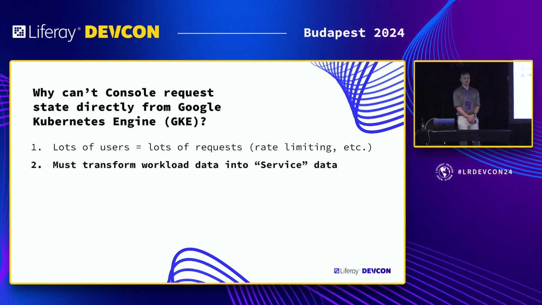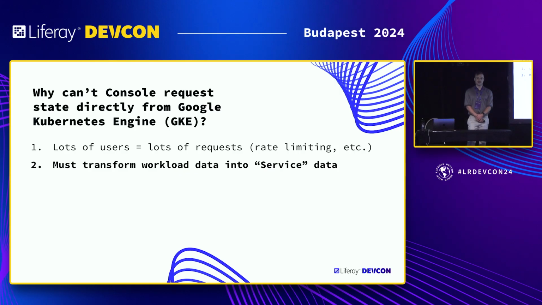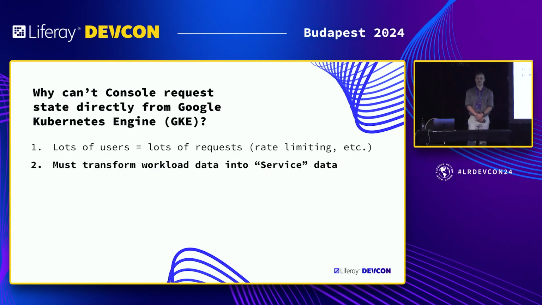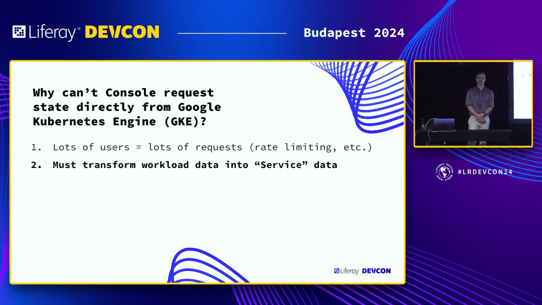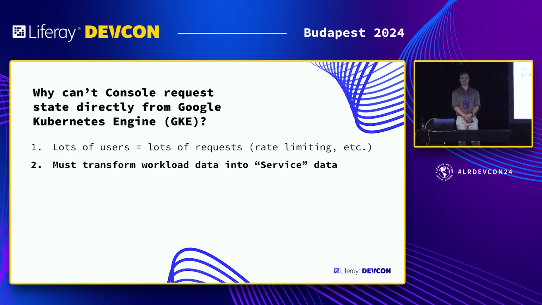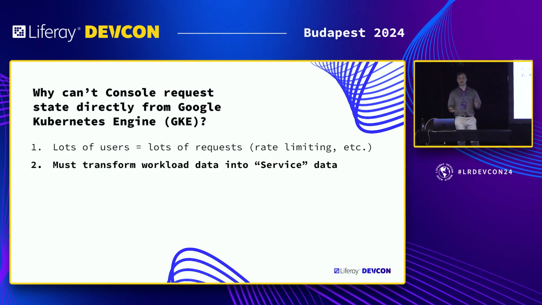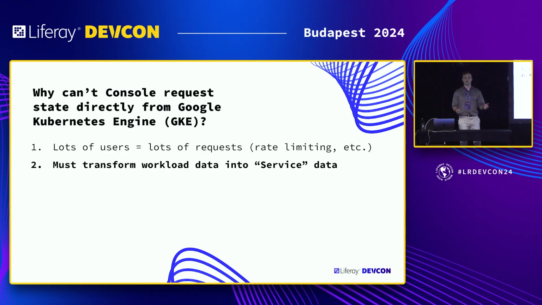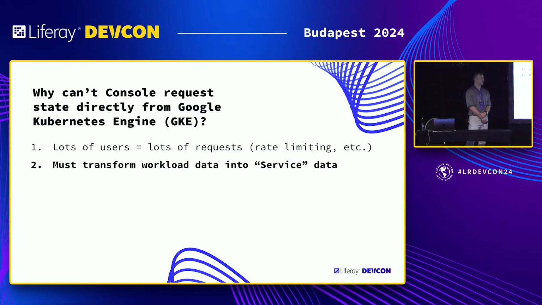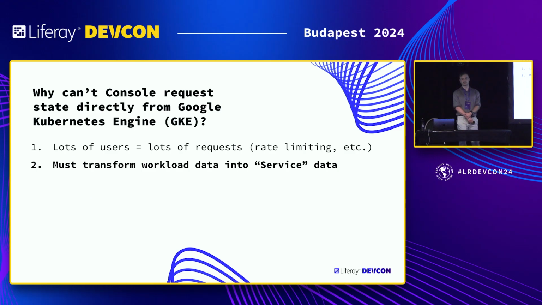The second reason is that the workload data as it exists, you saw it earlier, the workload data as it exists on Kubernetes as Kubernetes resources, it's really not easy to render that kind of data on a UI that's user-friendly, especially to people who aren't familiar with Kubernetes itself. So we have to transform that workload data into something a little bit more friendly for people to use.